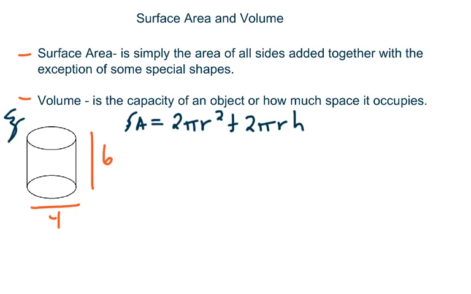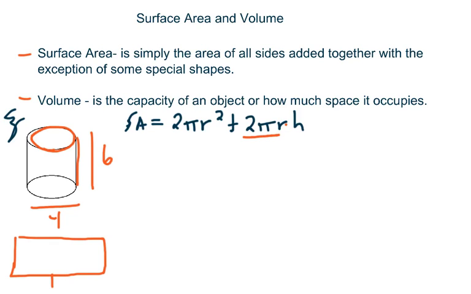Now, think about this: 2 pi r is the circumference of that circle, the distance around, times the height of it. So imagine taking that and cutting it open and unrolling it. You just have a big rectangle like this. So the circumference is like your base, your height is your height.